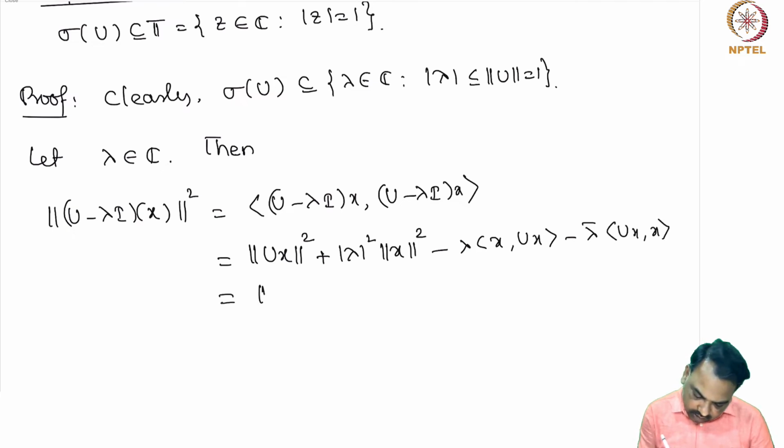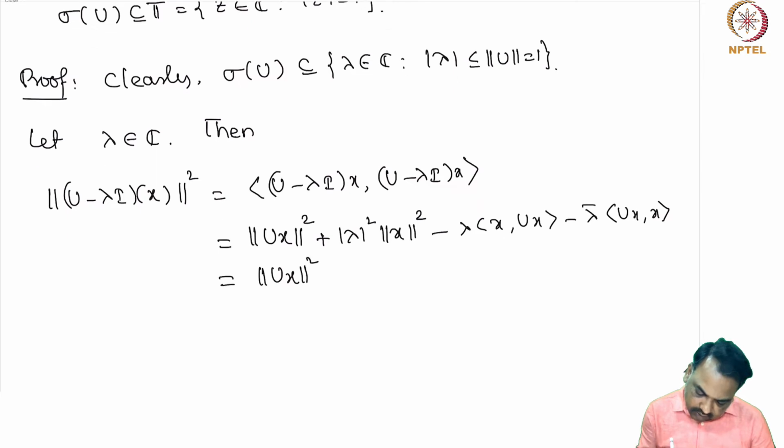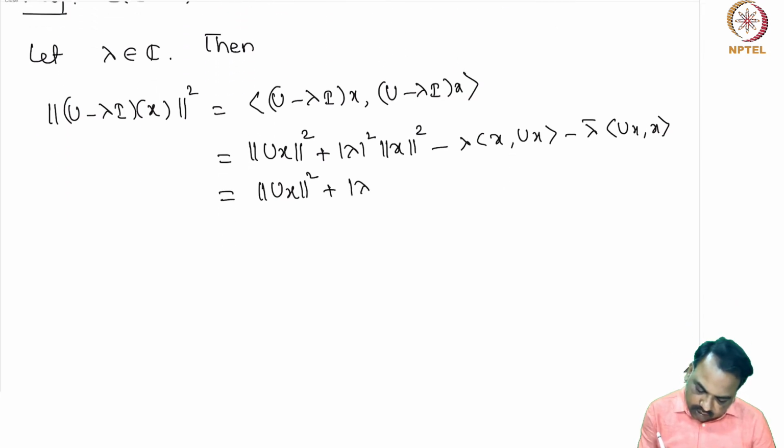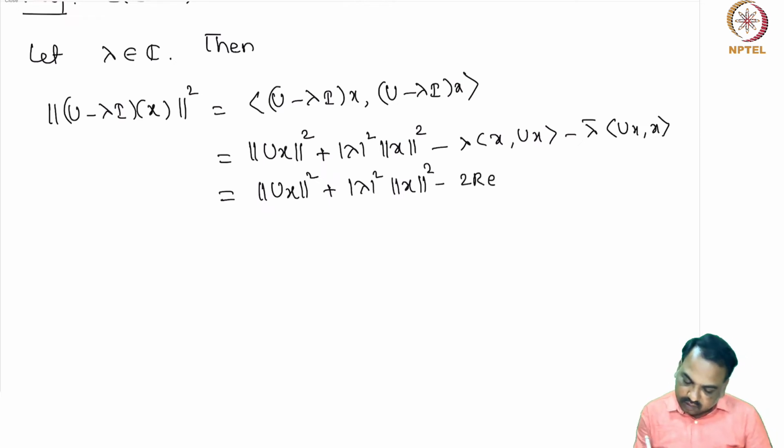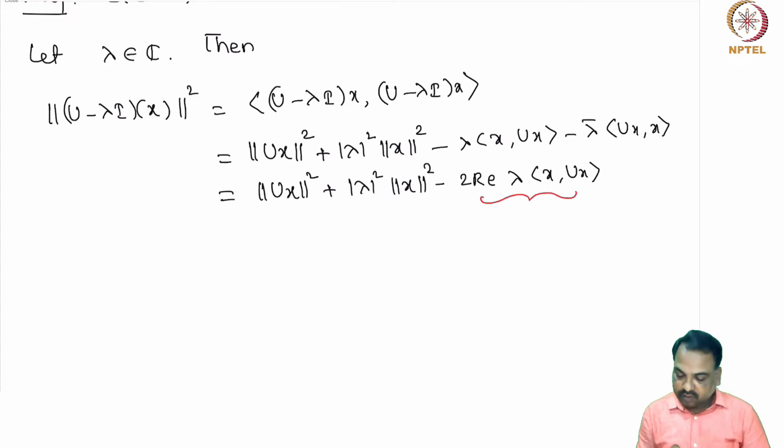So this we can write as norm of Ux square plus mod lambda square norm x square minus 2 real part of lambda inner product x, Ux. Now we can apply the Cauchy-Schwarz inequality for this one. The real part of a complex number is always less than or equal to the modulus of the complex number, and when you multiply with minus, the inequality gets reversed.